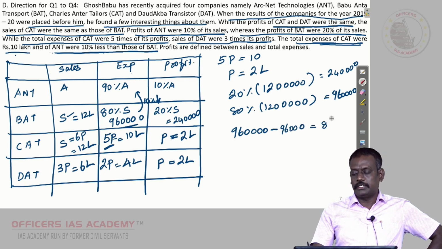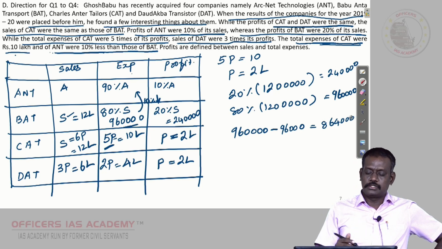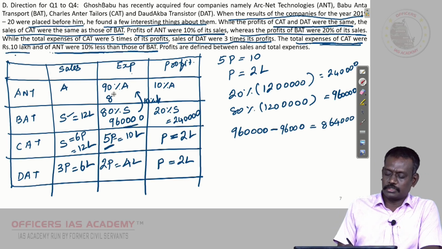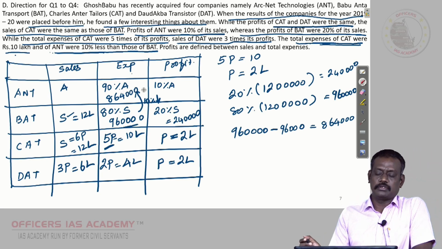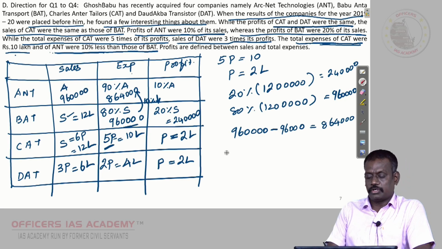Subtract it, 9,60,000 minus 96,000, and you will get 8,64,000. So if 90% of A is 8,64,000, then 100% will be 9,60,000. You can find it like this.